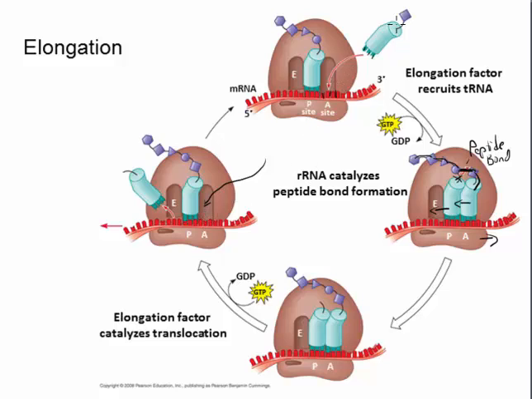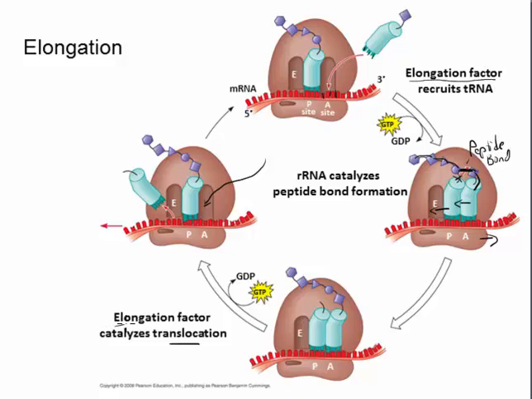Now, this process of delivering the correct tRNA into the A site, the one that matches the codon sequence positioned in the A site, as well as the translocation of the ribosome down the mRNA in the 3' direction, both of those events are catalyzed by proteins called elongation factors.